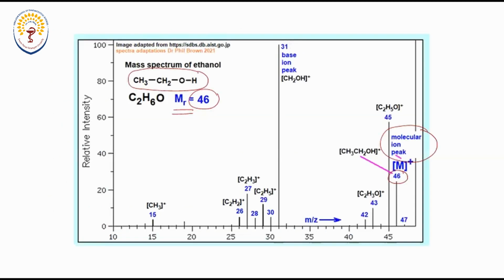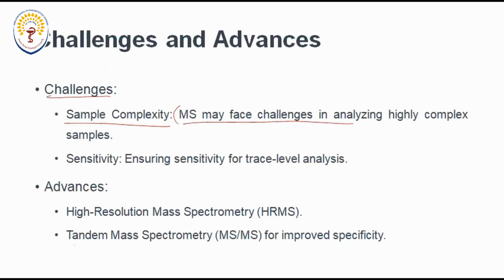As you can see, for a simple molecule of ethanol, there are this many peaks. If a sample is very complex and contains a lot of compounds, it becomes very difficult to study the mass spectrum. So sample complexity plays a very crucial role.